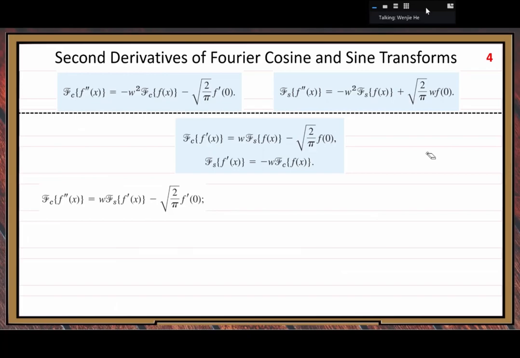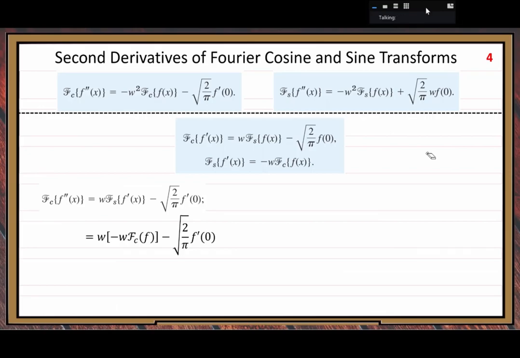For the second derivative, we apply the first formula, and we treat the second derivative as the derivative of the first derivative. In the first round, in the formula we have the first derivative as the original function. Then we apply the second formula another time. After the second time, you can see we only need to use the Fourier cosine transform.